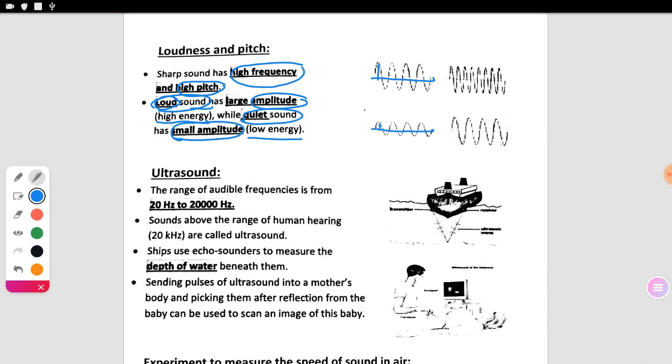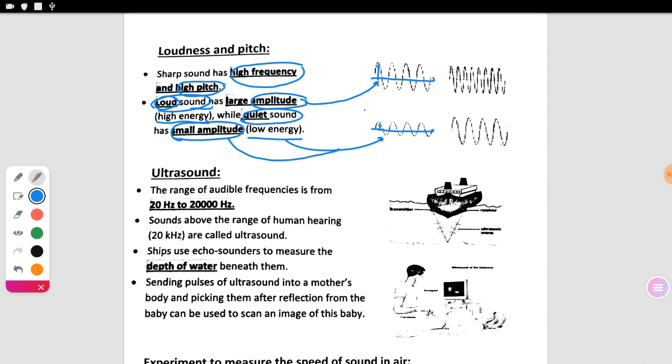A small amplitude means low energy, while a large amplitude means high or large energy.